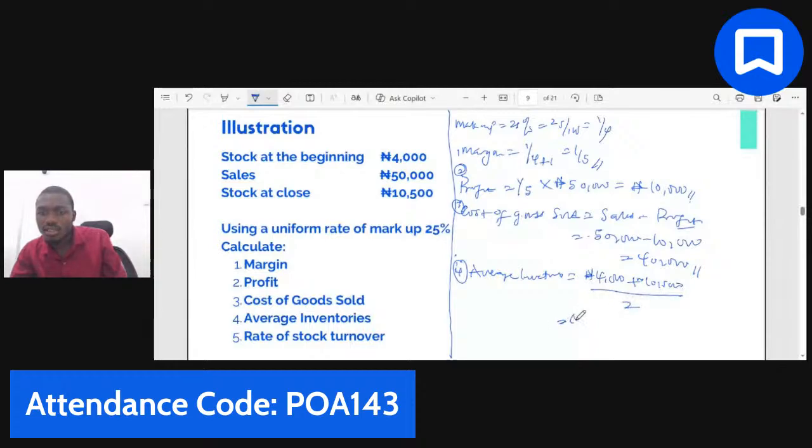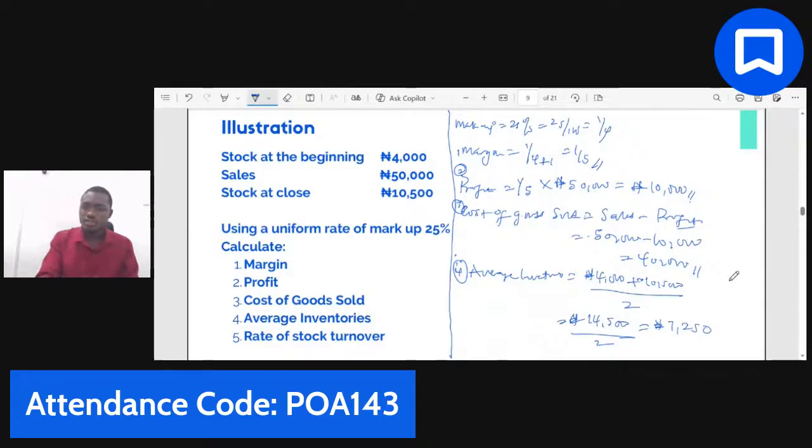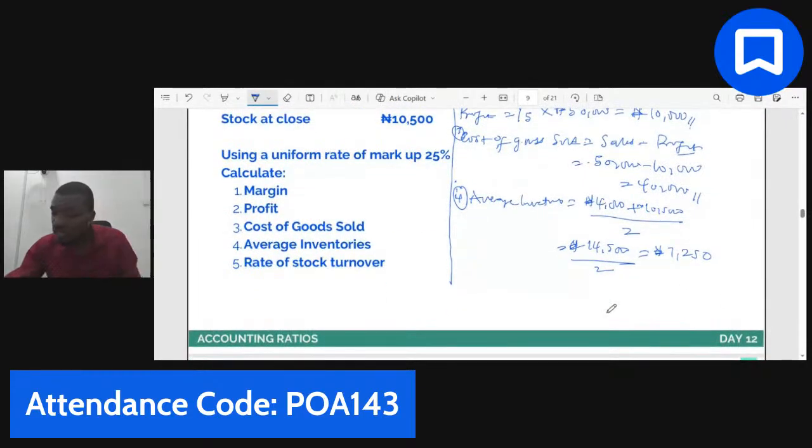That's 4,000 plus 10,500, that's 14,500 divided by 2. This gives us 7,250. Is that fine?